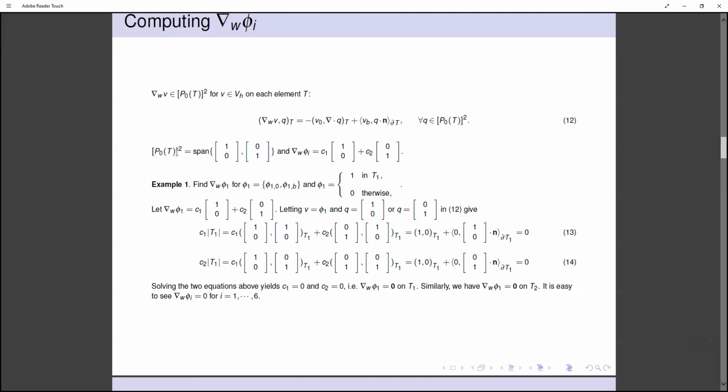And P0(T) squared is a vector with 2 components, each component a constant. Obviously, its dimension is 2 and it can be spanned by 2 basis functions, one is (1, 0), another is (0, 1). And the weak gradient of phi i belongs to that space, so it can be written as a linear combination of those 2 basis functions. Example 1.